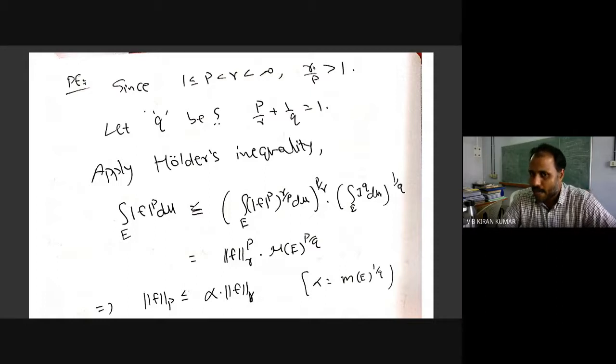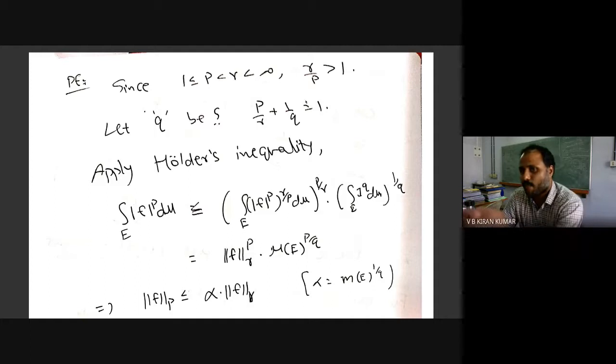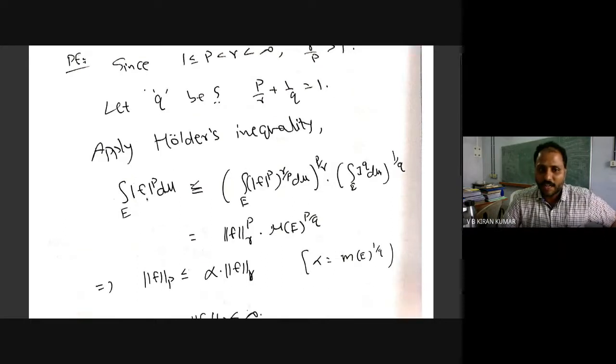Now we are going to apply Hölder's inequality with q as q itself. Instead of p, we have this p prime, that means r by p. In Hölder's inequality, where on the left hand side we had f and g, instead of g we have 1, the constant function 1, and instead of f we have mod f power p.